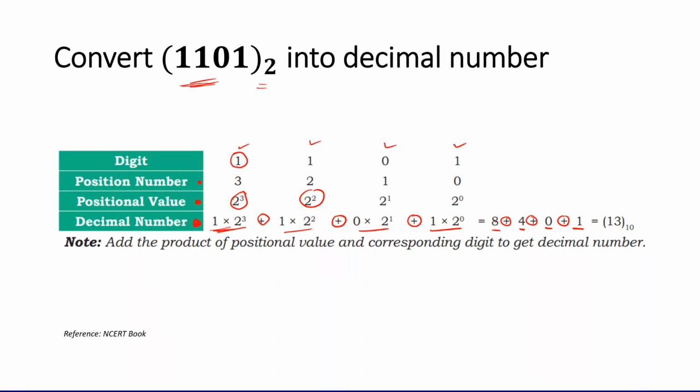So now we have to sum 8 plus 4 plus 1. 8 plus 4 is 12, plus 1 is 13, base 10. So this is how you convert. The given value is 1101 base 2, and the equivalent decimal value is 13.